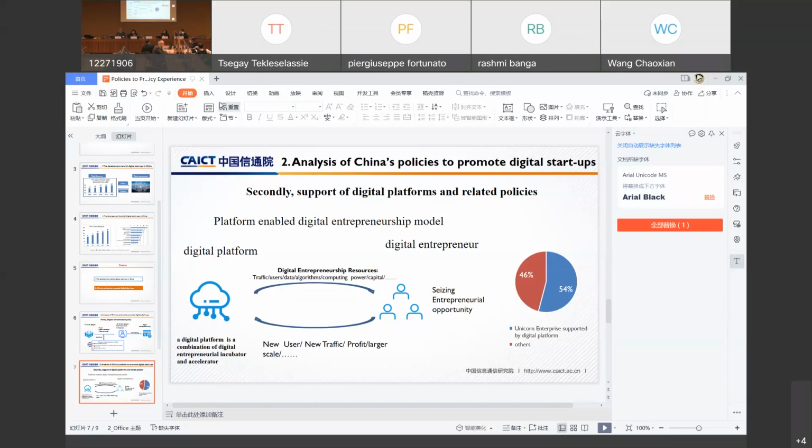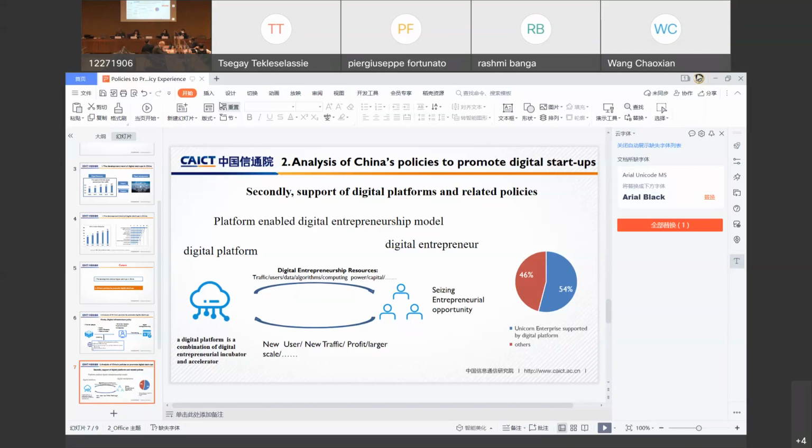According to China Unicorn Enterprise Development Report, platforms such as Tencent, Alibaba, Baidu, Jingdong, Xiaomi, Meituan have invested in a total of 136 unicorns, accounting for 54% of all unicorns in China.